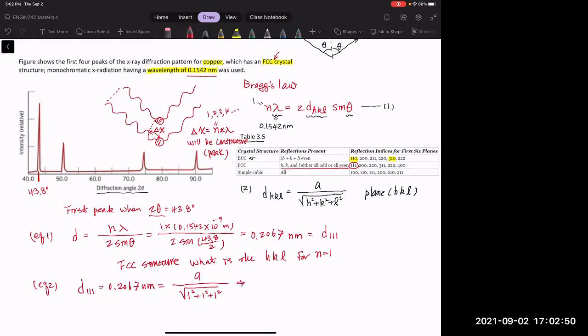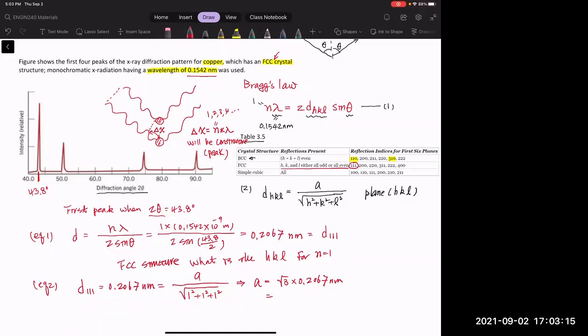That tells you your lattice length of this unit cell is equal to square root of 3 times 0.2067 nanometer. And you find out the A.